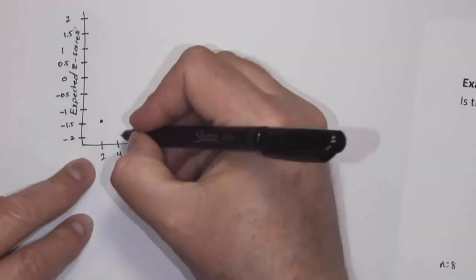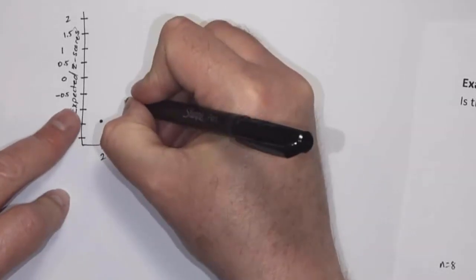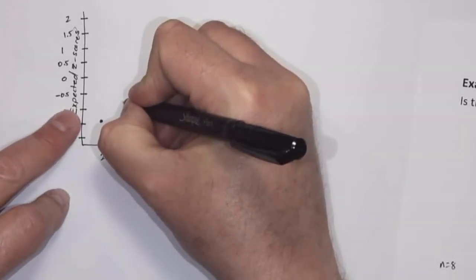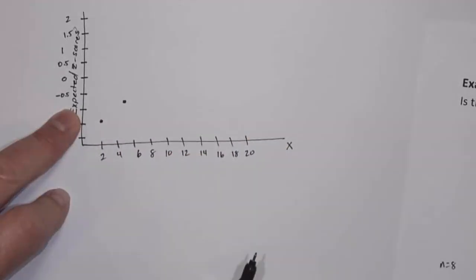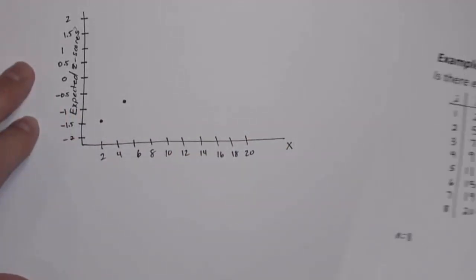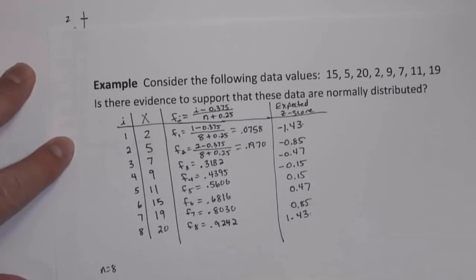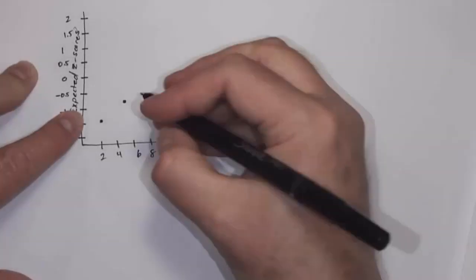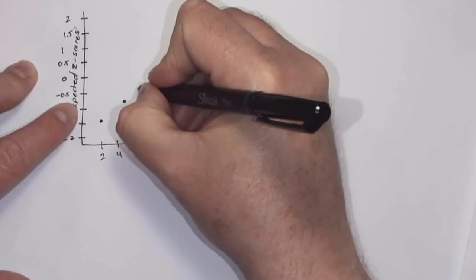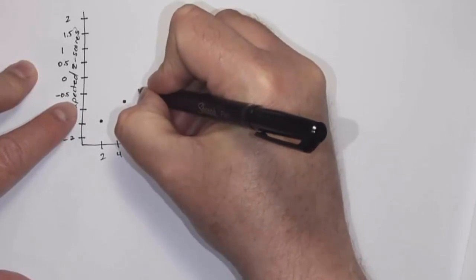So 5 would be around here. Negative 0.85 would be maybe around here. So we have that point. Our data value 7 had an expected z-score of negative 0.47. So 7 would be here. Negative 0.47 would be around here.